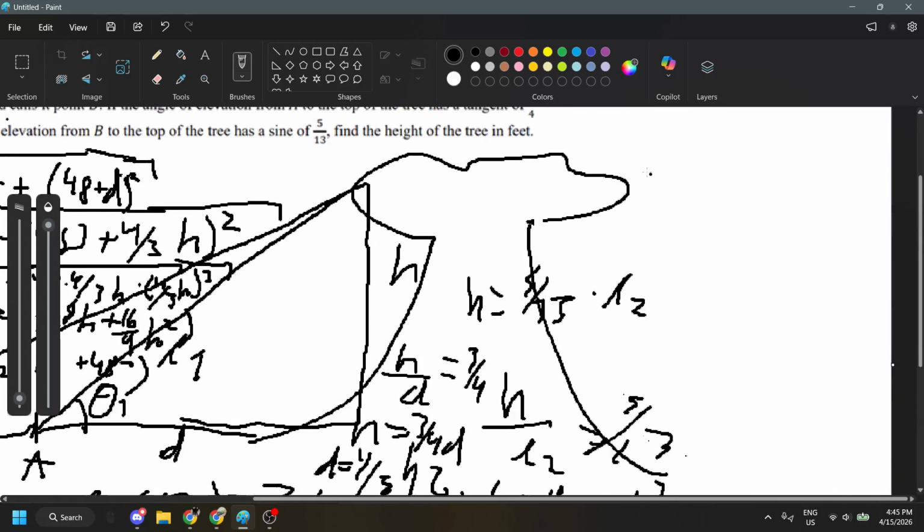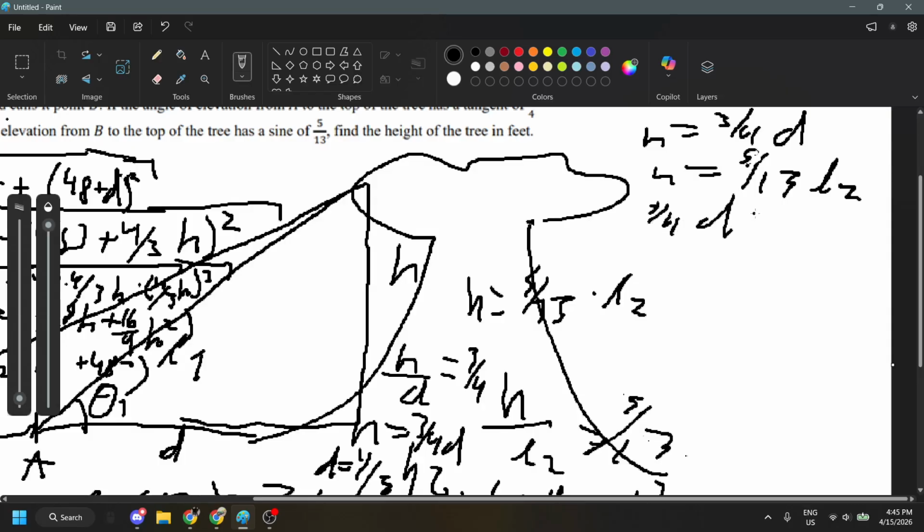Well, h is 3/4 d. h is 5/13 L2. So we can relate d and L2. 3/4 d is equal to 5/13 L2, so d is equal to 20 over 39 L2.